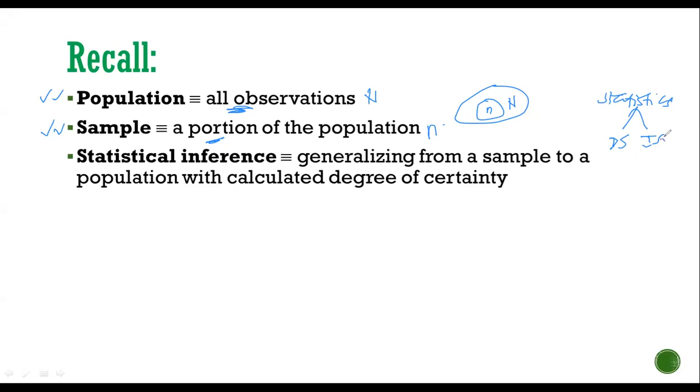Inferential statistics here is the same as statistical inference, wherein you just study your sample and come up with a certain generalization that is applicable to the whole population. Most often, this is the type of research that we utilize, especially for quantitative researches. And of course, we have here the term degree of certainty.